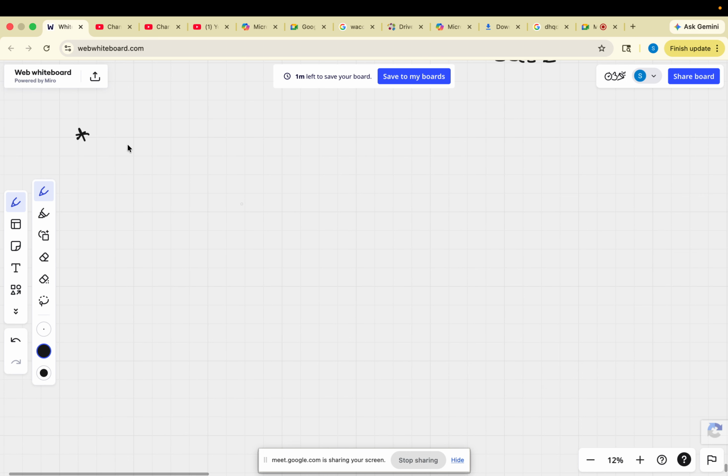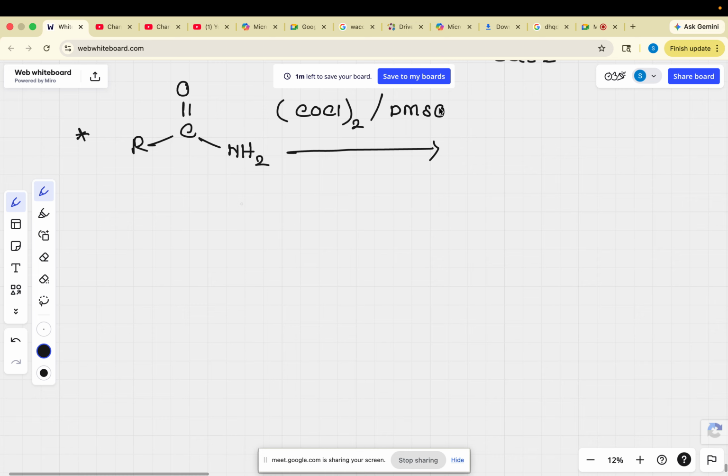Now suppose next you have RC double bond O, NH2. Okay. Now here also I am giving the same reaction, oxalyl chloride, DMSO, in presence of base. So I am showing you.